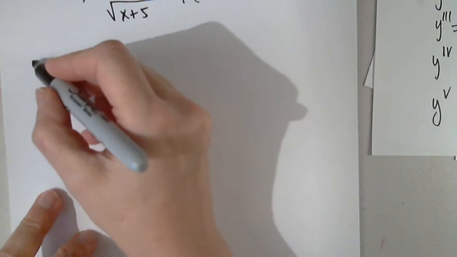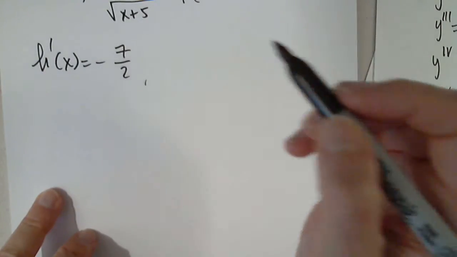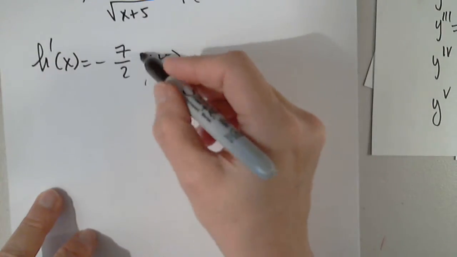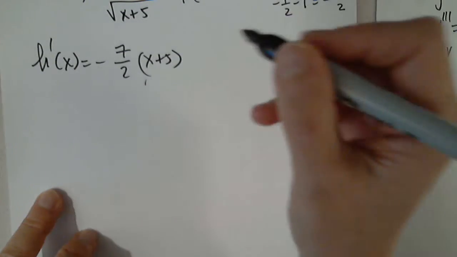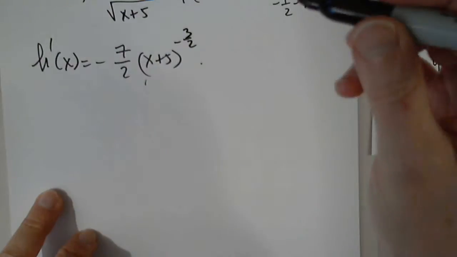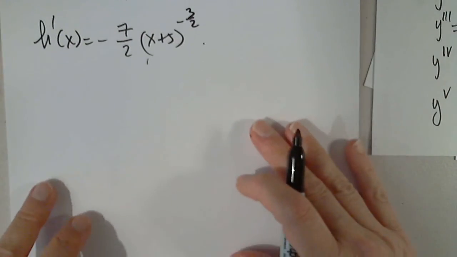I will not use that. I will change the function into 7 times x plus 5 to negative 1/2. And now I will differentiate. I get negative 7 over 2, x plus 5 to negative 1/2 minus 1, which is negative 3/2, times the inner function prime that happens to be 1, so I don't have to write anything.